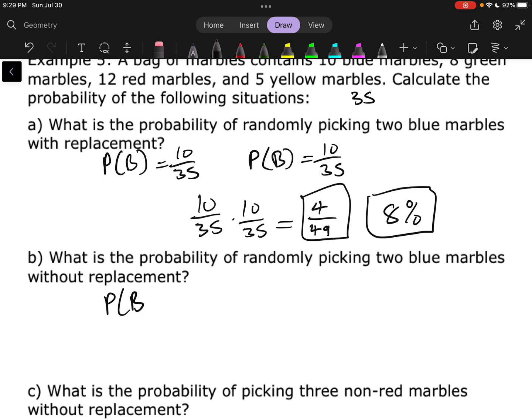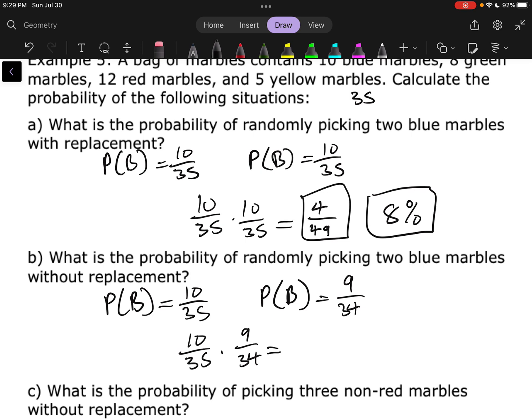Okay, so we're shifting things around here. Now that first blue is still 10 over 35, but getting the second blue, if I'm not replacing it, goes down to 9 over 34. So we can see the big difference here about independent or dependent, or with replacement, without replacement.